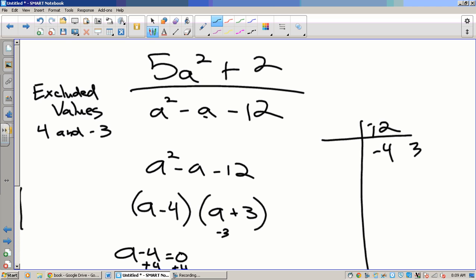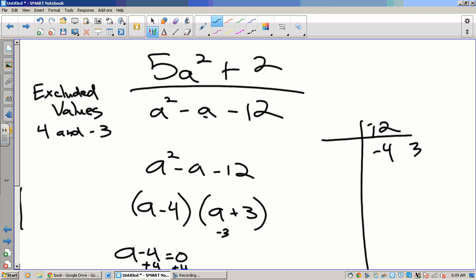Yes, ma'am. When you find the excluded values, does it only work in the version where you have it factored, or does it also work in the non-factored version? Well, we're going to come to that in a second. But in this case, we can't factor that anymore, so we can't simplify it anymore. So it's okay. But what about the denominator?